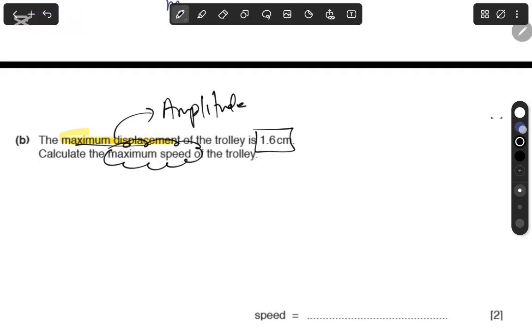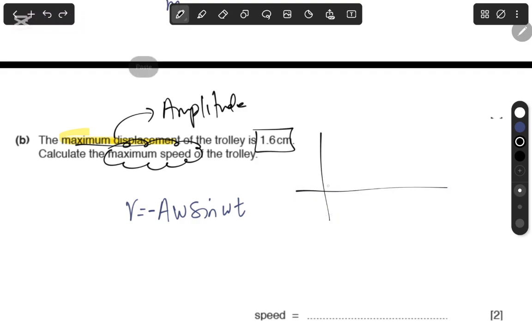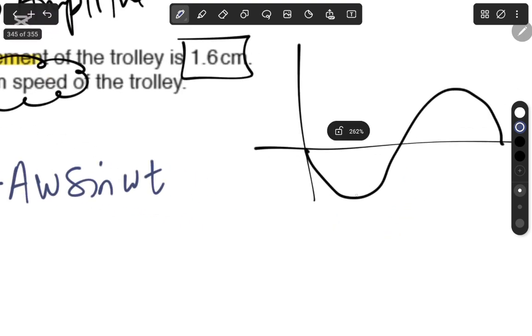One of the formulas for the velocity is v = -Aω sin(ωt). If I plot the graph, it's going to be the minus sine graph, and I can see the maximum velocity value will occur here.